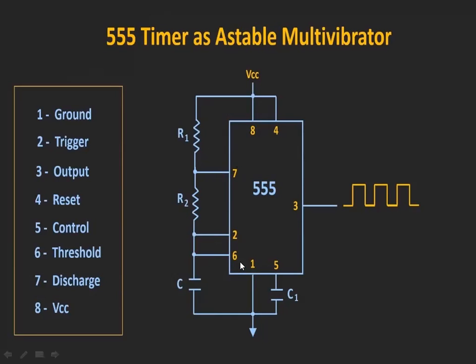Pins 2 and 6 are shorted; 2 is the trigger and 6 is the threshold. We connect these through the R2 resistor, and then connect a capacitor from these two pins to ground. These three components play a major role in producing a square waveform.